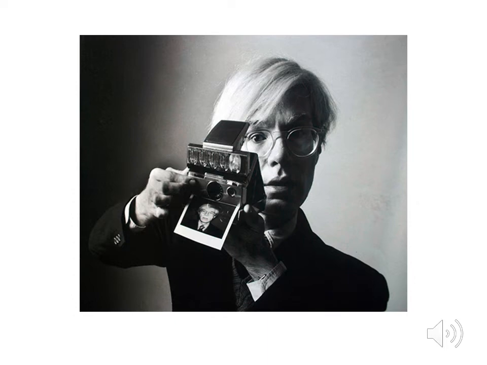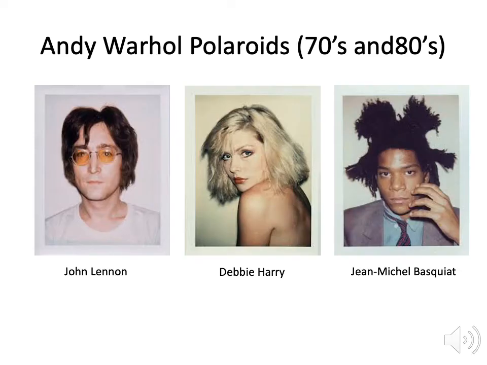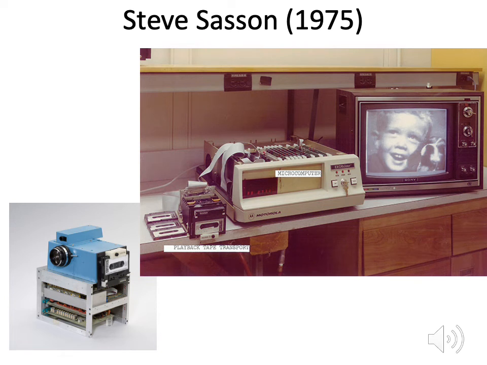And we're going to see that in the next slide. He loved taking Polaroids. And in the 70s and 80s, he took tons of famous people. John Lennon, Debbie Harry, Basquiat here. So, very cool.